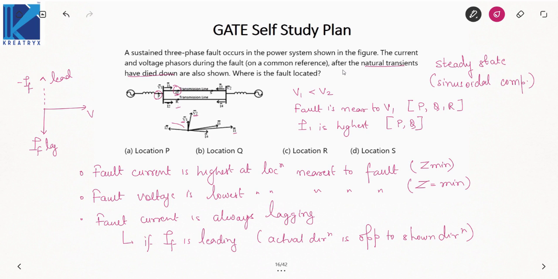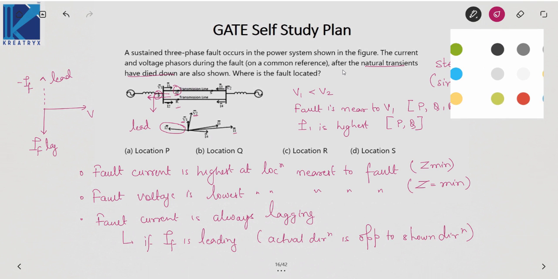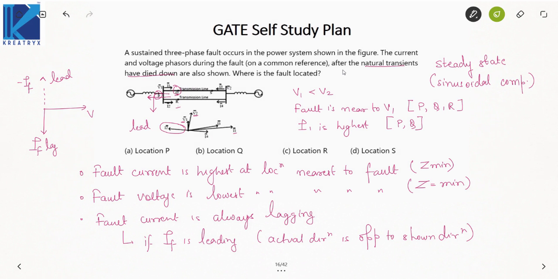Now see, I2 is leading, which means the direction of I2 should be reversed. If the direction of I2 is reversed, that means I2 will be in this direction. So the fault can be at P, I2 is going like this, or the fault can be at Q, like the current is going like this. But then if you see, I1 is lagging, that is, the direction of I1 is correct.